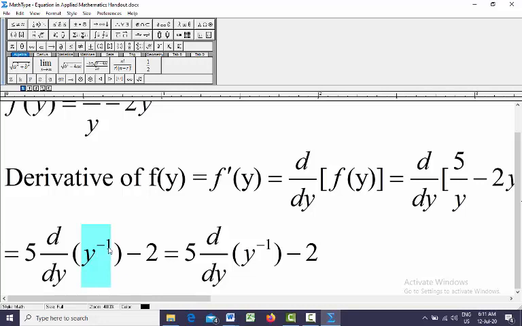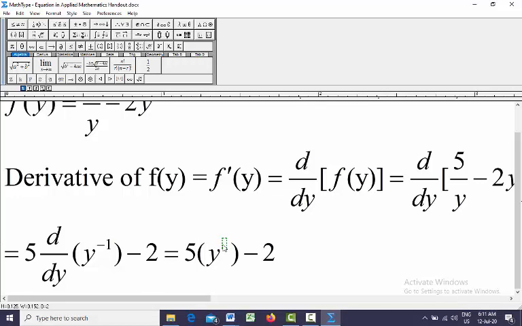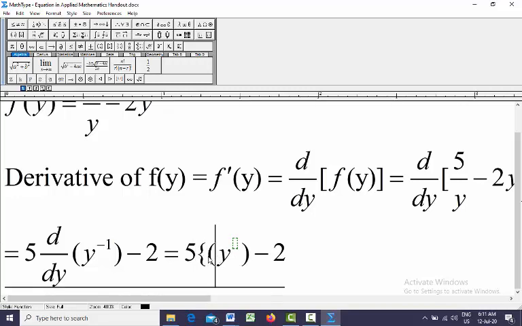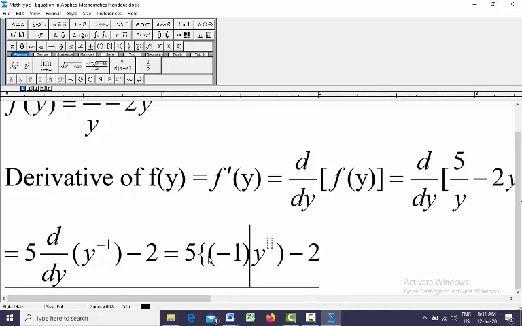When you do differentiation of a variable with a power, always remember the answer will be like this: power. We need to bring the power down. That means power will come first. That means this power, you need to bring these one first.